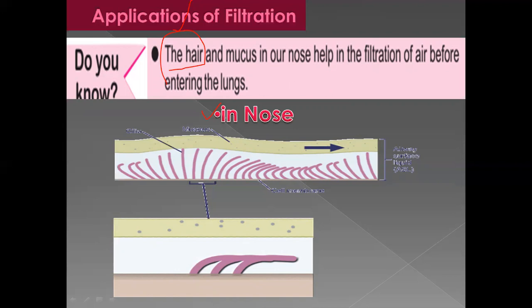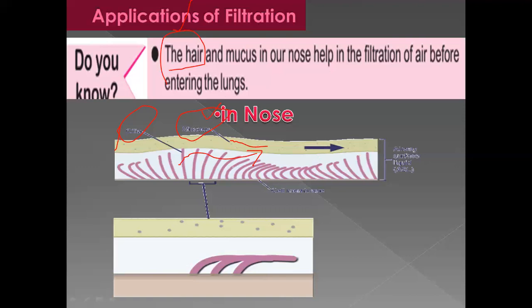But in the nose from which we breathe, there is mucus. Mucus is a sticky substance. You know about this from the previous classes you have studied. And there are some cilia. Cilia are hair-like projections present in our nose. They propel continuously by the breathing of the air. Breathing is in this direction.